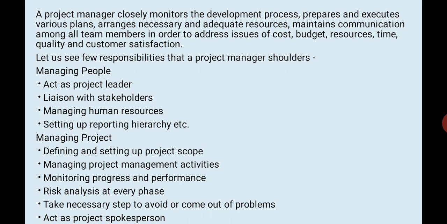Right? While managing project, he needs to define and set up project scope, manage project management activities, monitor progress and performance, do risk analysis at every phase, take necessary steps to avoid or come out of problems, and act as the project spokesperson.